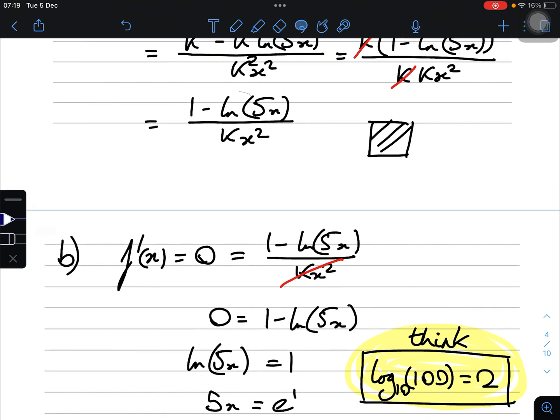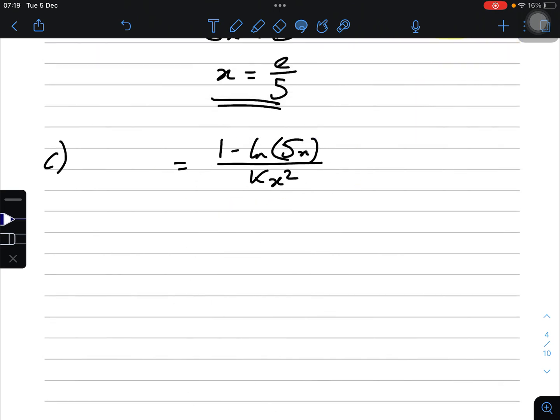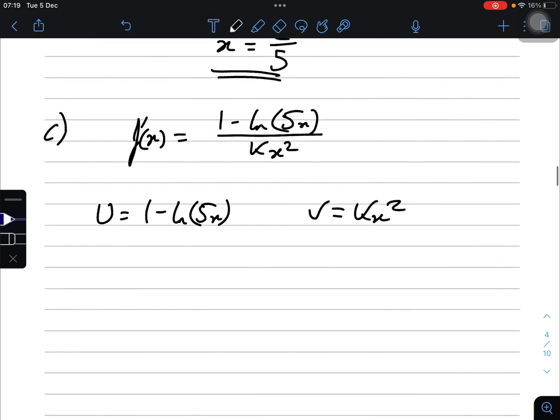So if we take this function here and duplicate that, pull it down, f dashed of x, well, we'll differentiate that exactly the same way as we did before with u's and v's. So if I set my u equal to 1 minus ln of 5x, and my v equal to kx squared, well then u dashed would be minus 1 over x, because we know that ln of 5x, we did that previously, just differentiates to 1 over x, so we've got a negative of that.